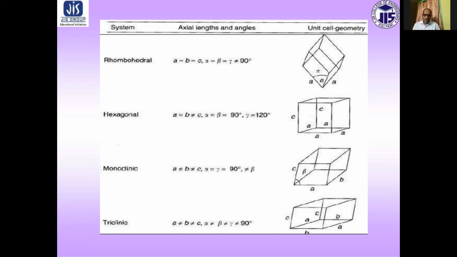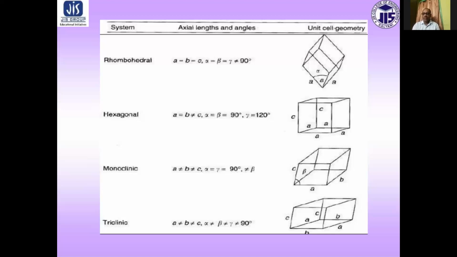However, there are other arrangements of lattice points which satisfy the requirement of a point lattice, that is the condition of identical surroundings. Bravais demonstrated that in all such lattices are 14, and these are called Bravais lattices.